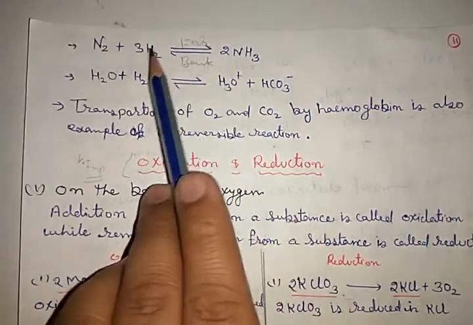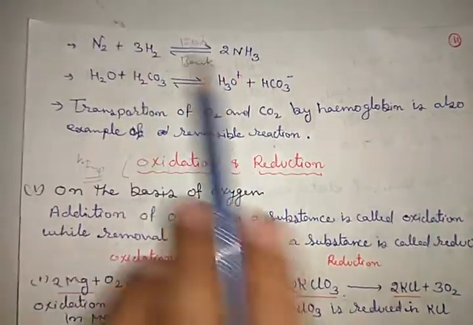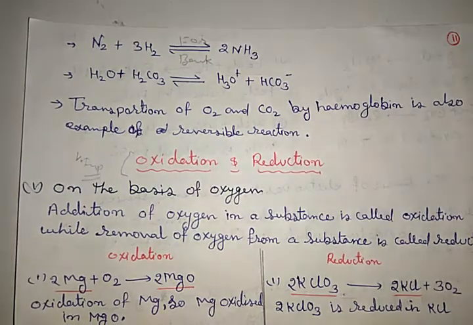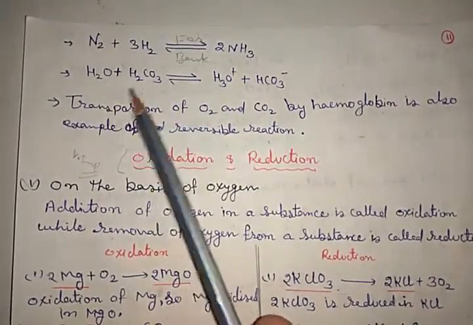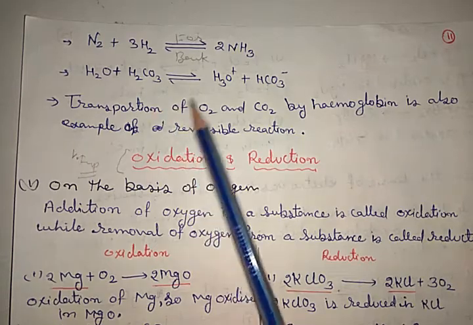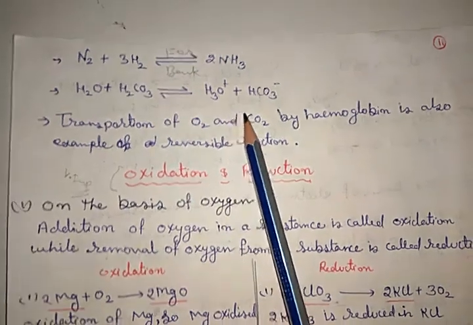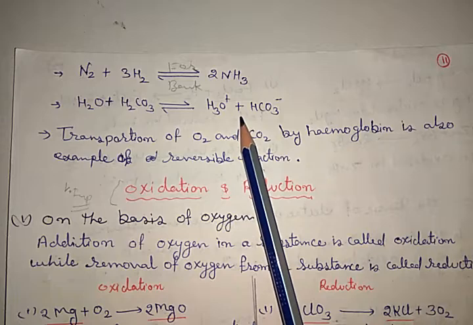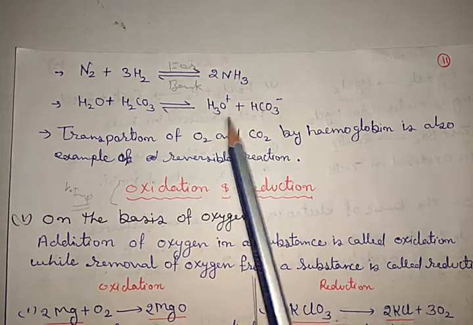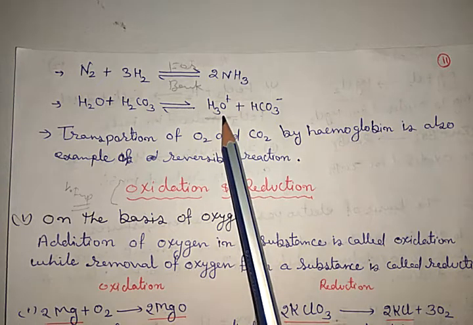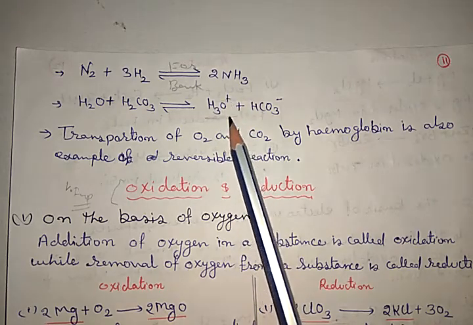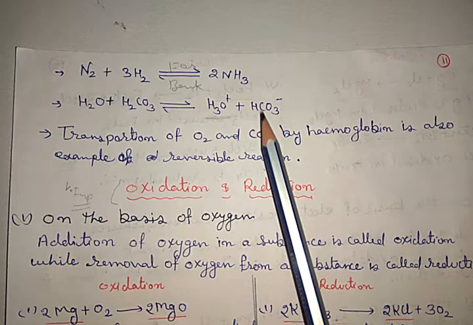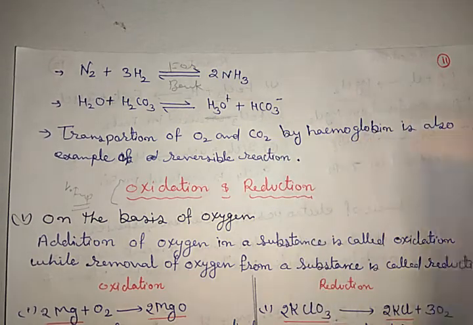Similarly, the second example is the reaction of water with carbonic acid. When they react, they form H3O positive, which is called hydronium ion, and HCO3 negative, the hydrogen carbonate ion.